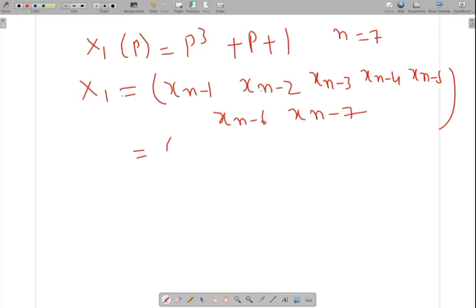Substitute the n value in the above equation: x6, x5, x4, x3, x2, x1, x0.